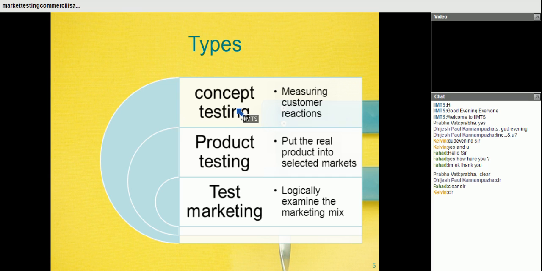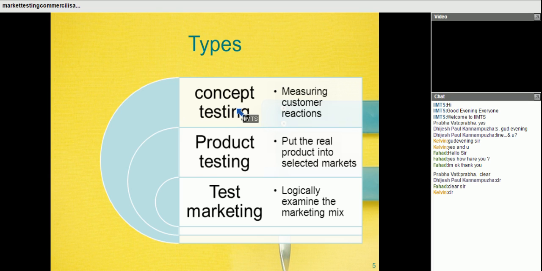In concept testing, we measure the customer's reaction. How does the customer react after using the product for the first time, right? So a group of experts works on that and then gives the final report to the development team, and then they can make the changes according to the reports.